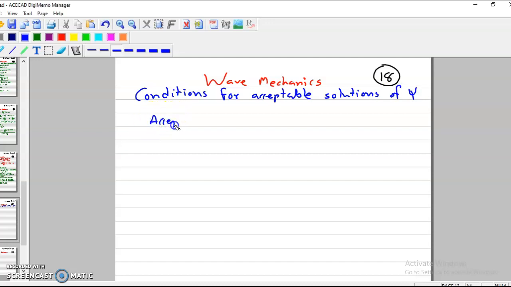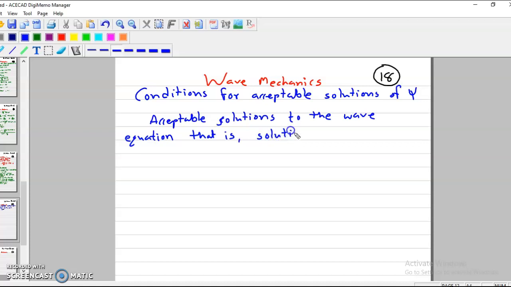So acceptable solutions to the wave equation, that is, solutions which are physically possible, must have certain properties.